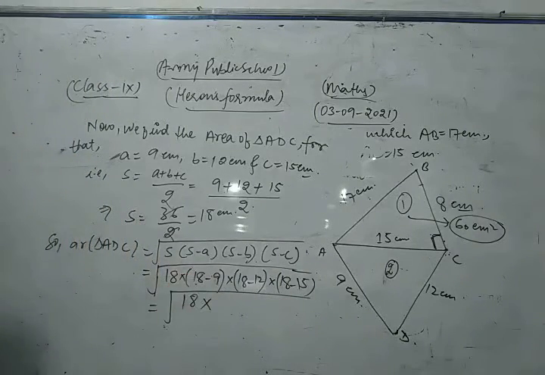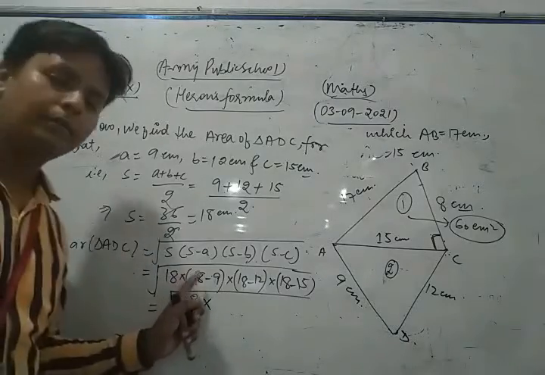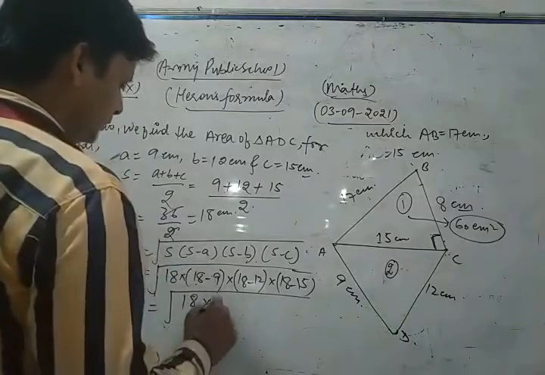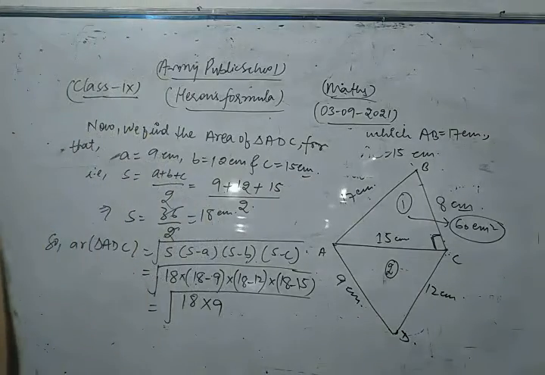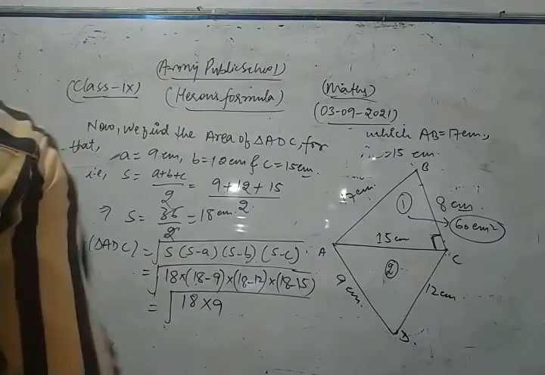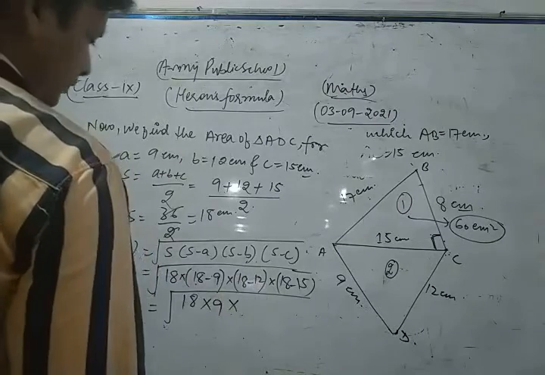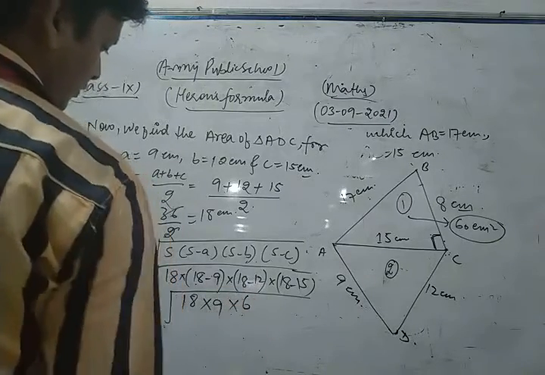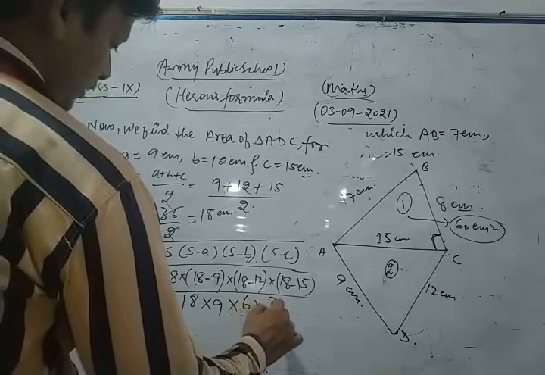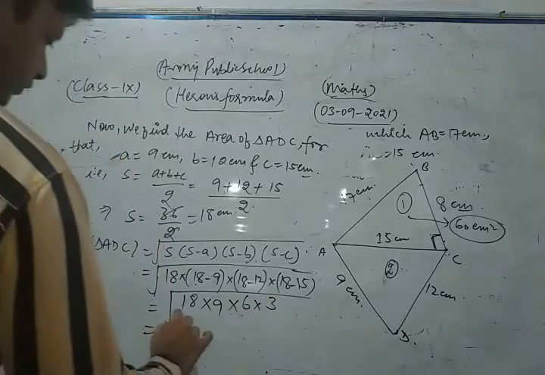So we get 18 minus 9, that is 9. Eighteen minus 12 is 6, no? Okay, 18 minus 15 is 3. Now we do the prime factorization.